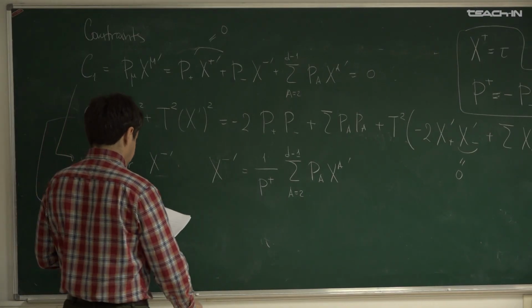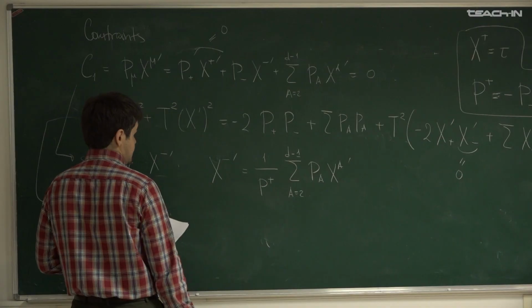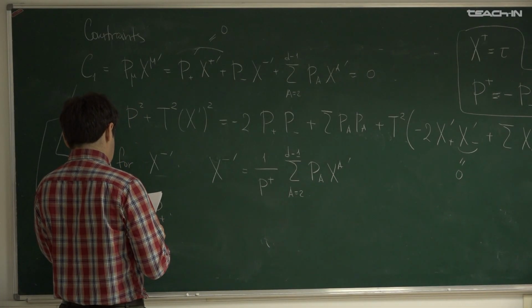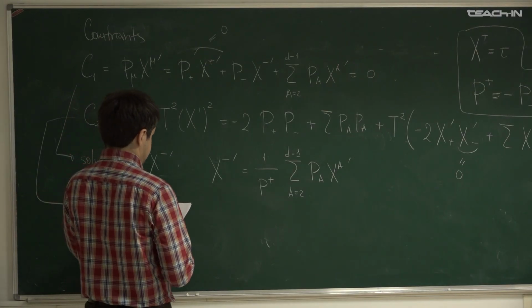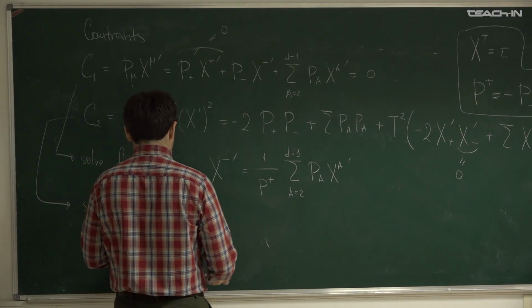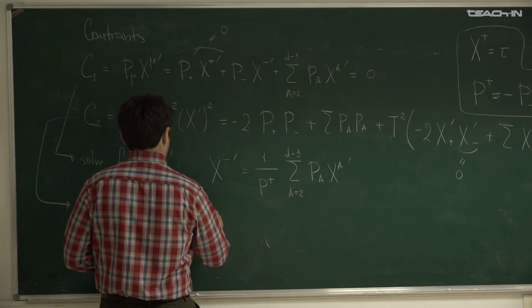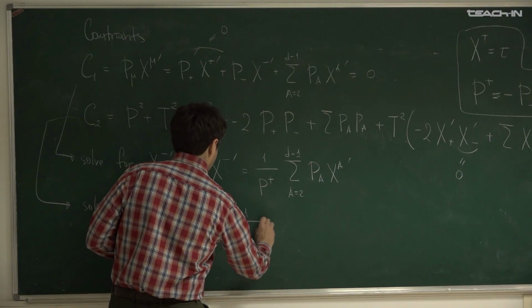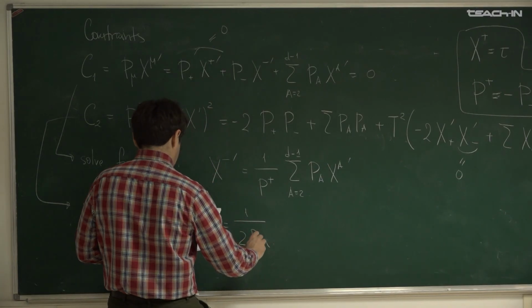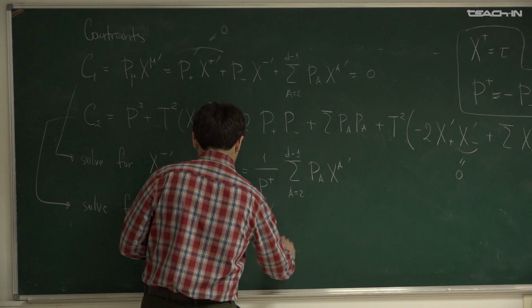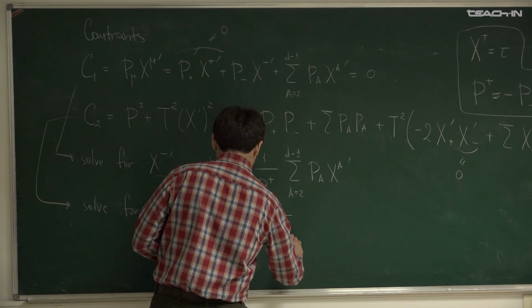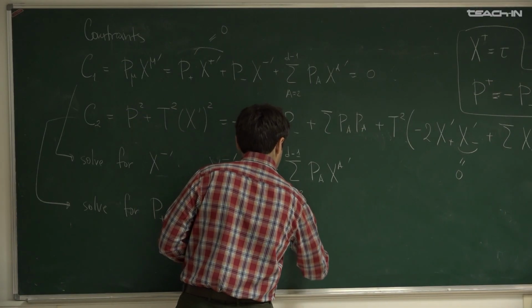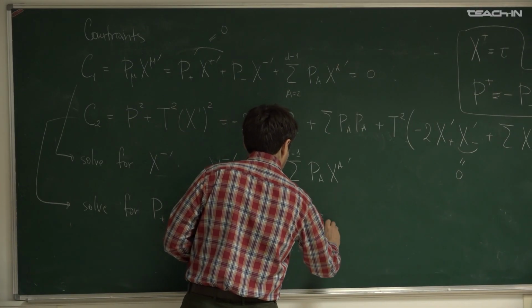More exactly, p minus is 1 over 2 p plus sum over pa squared plus t squared xa prime squared.